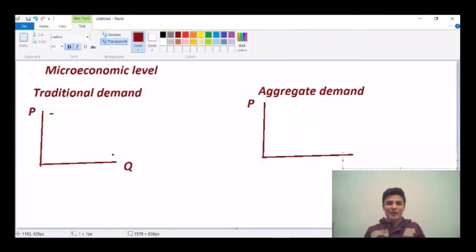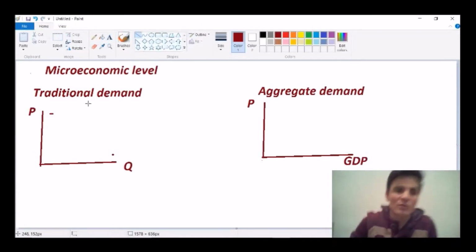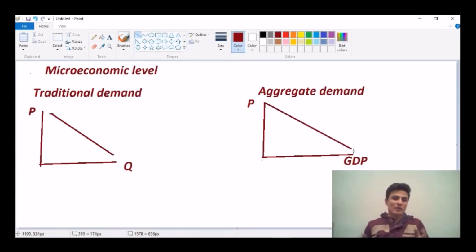So there are a lot of factors which have a great impact on this matter. Before culminating my speech, let me draw the curves of the aggregate demand and traditional demand. So that's all. Our next friends will talk about aggregate demand and the factors which have a great influence on it.